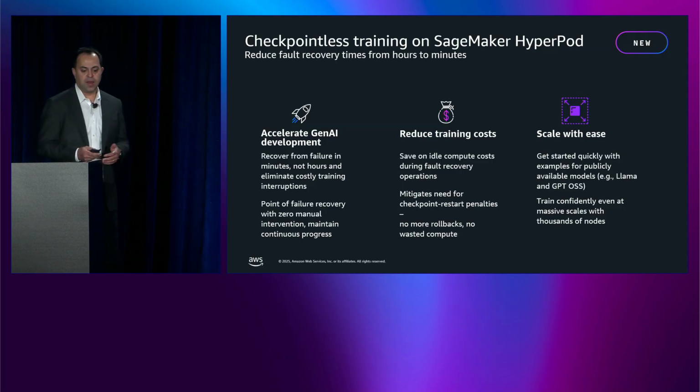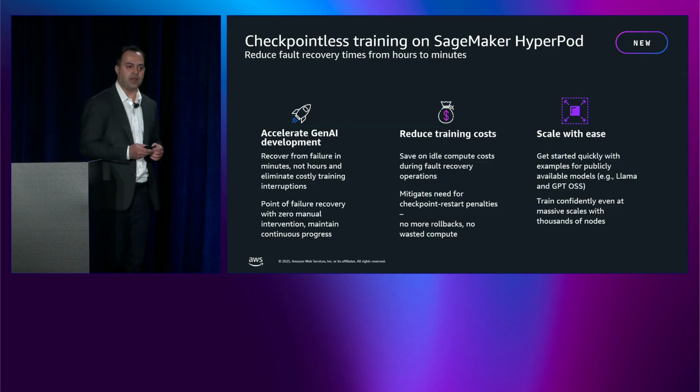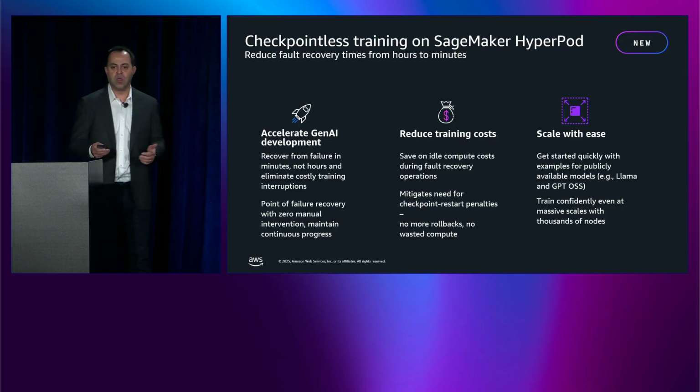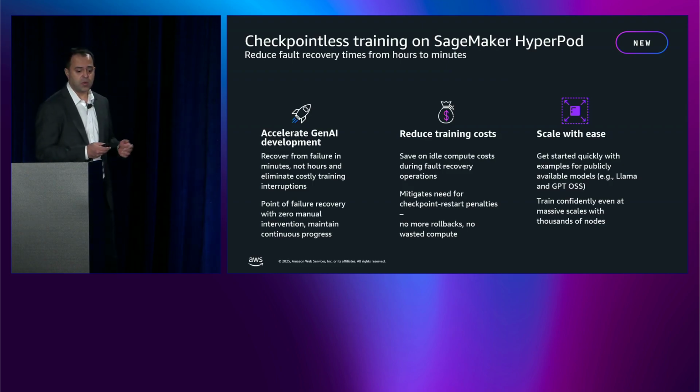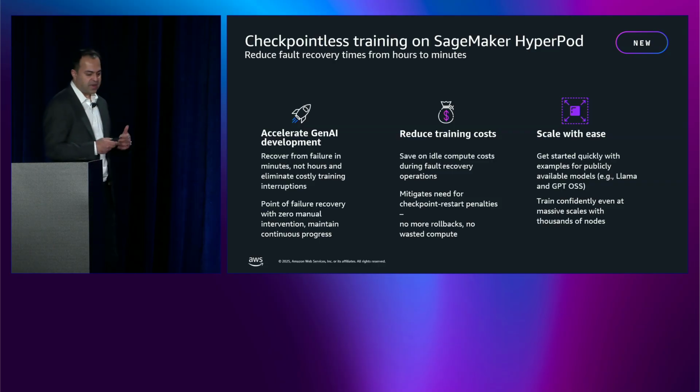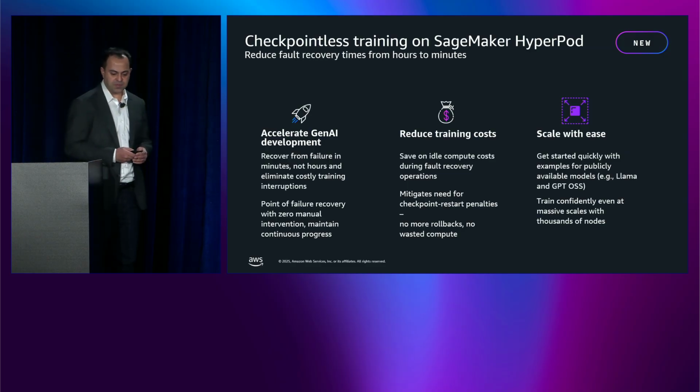That way, it's able to recover from failures without having to restart any infrastructure or training processes, and without relying on any checkpoint in durable storage. So essentially, you get a restartless and a checkpointless system. And what that means is that you're able to recover from faults in mere seconds.